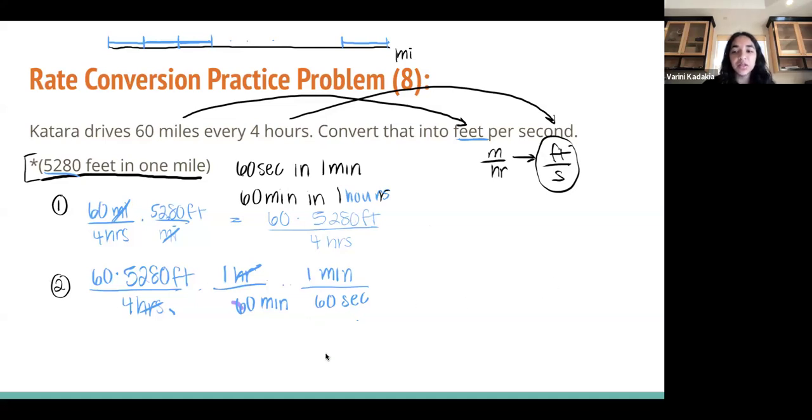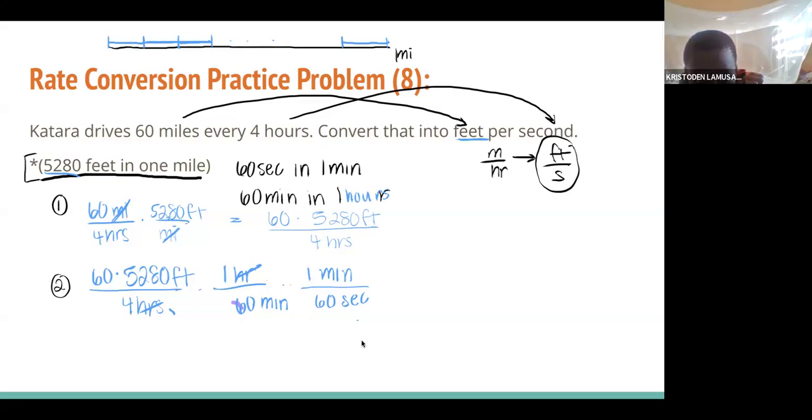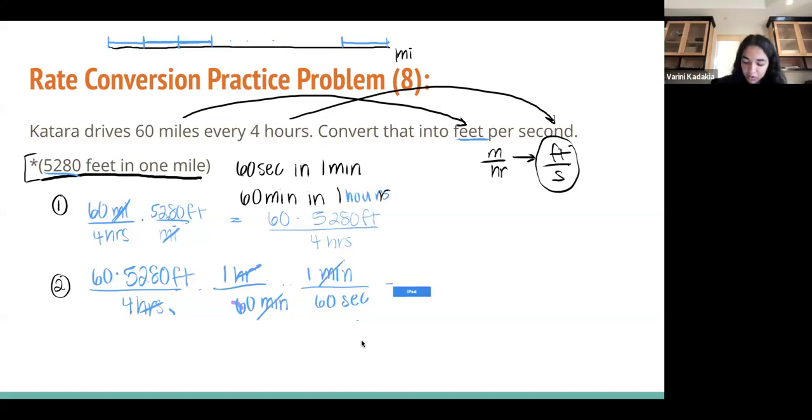Okay. So does everyone understand how this works? Yeah? Okay. So now we can cancel minutes and minutes. So we're left with 60 times 5,280 over 4 times 60 times 60, right?